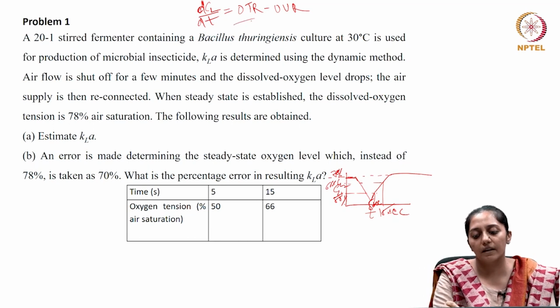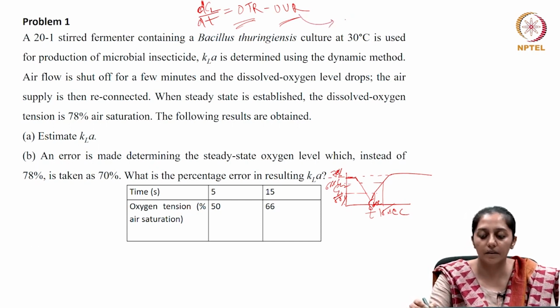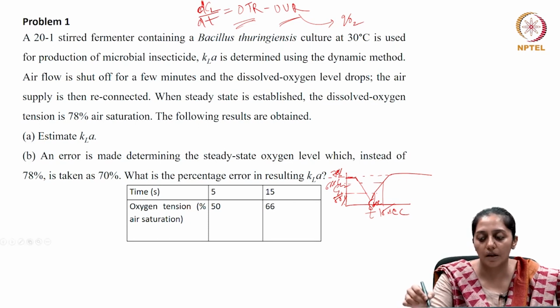Now OTR stands for oxygen transport rate, and OUR stands for oxygen uptake rate. Now oxygen uptake rate in turn could be defined as the specific oxygen demand of the culture multiplied by the total biomass present at that time.